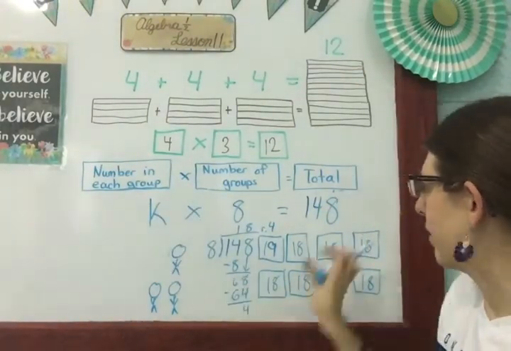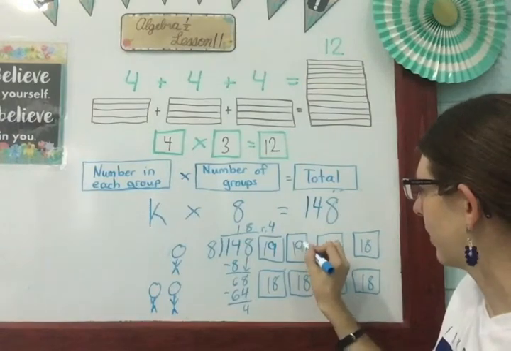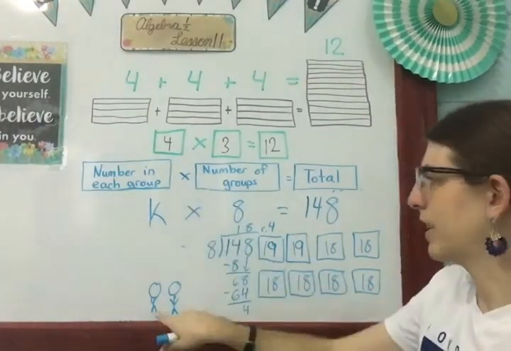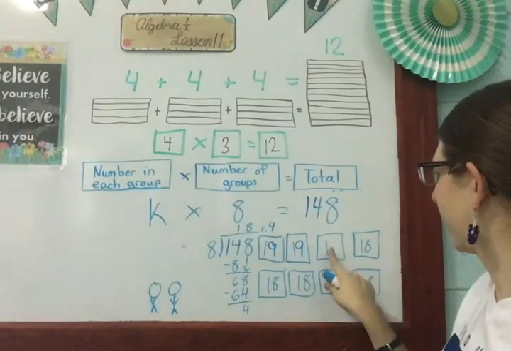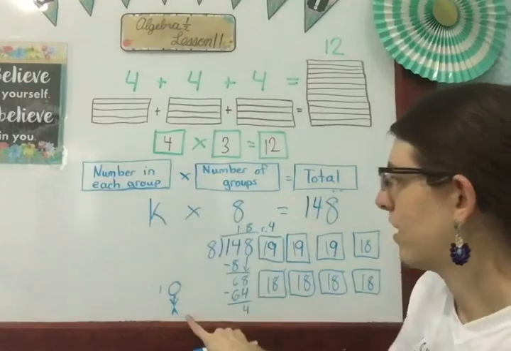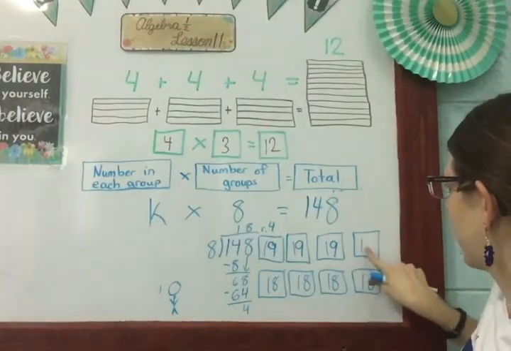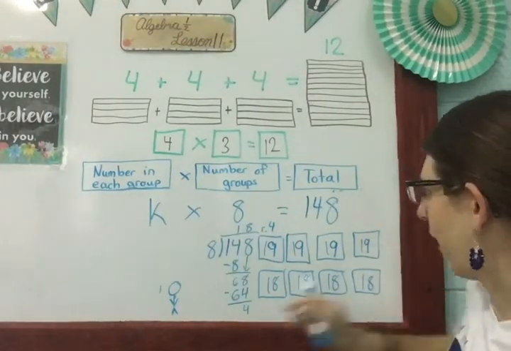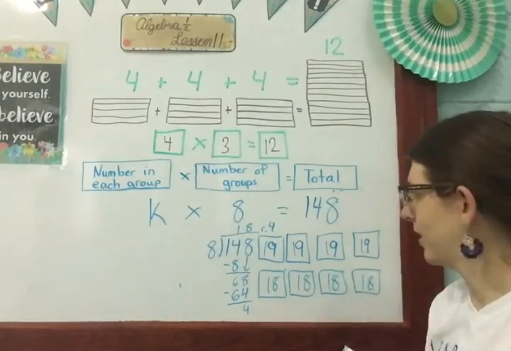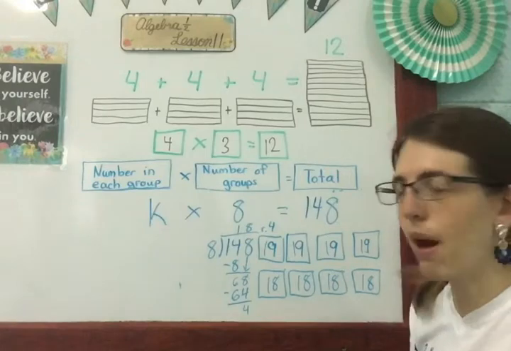Then I'm going to take this kid right here, and I'm going to put him into this space. So now I have 19 over there. Now I'm going to take this kid, and I'll put him into this space. So I have 19 there. Now I'm going to take this kid, I'll put him into this space. So I have 19 there. So now all of my kids have been put into a space, and it's been divided as evenly as possible.